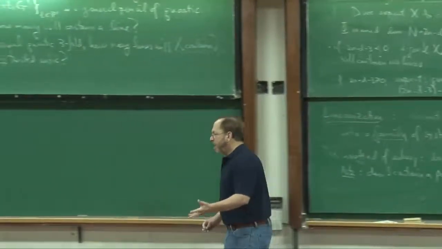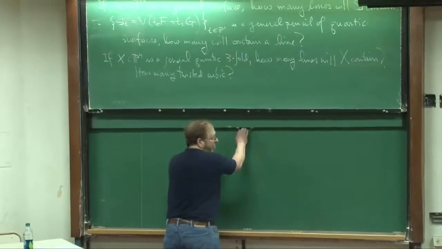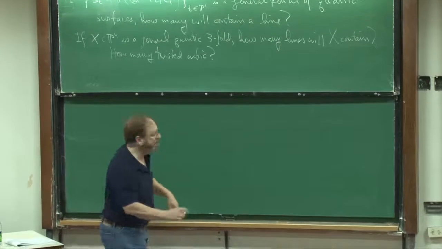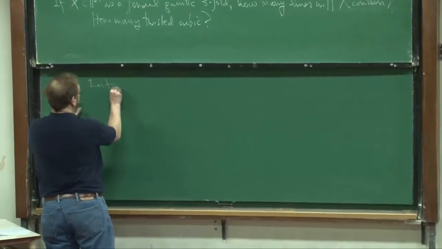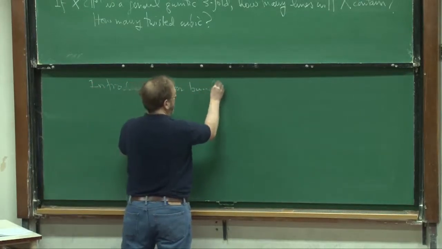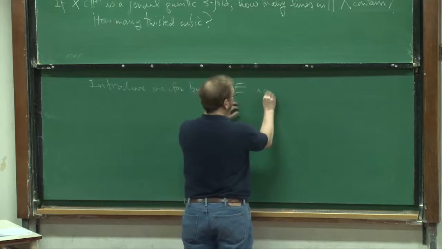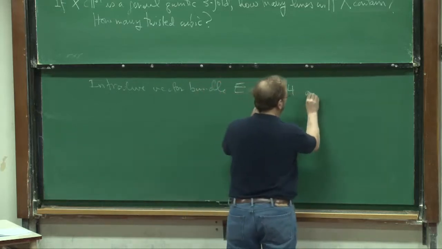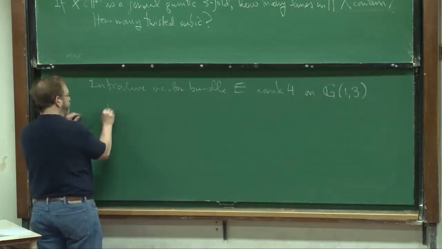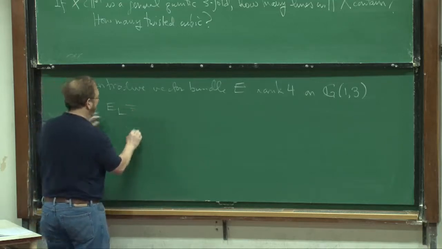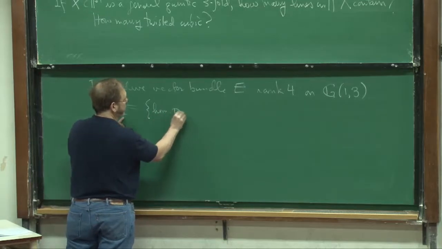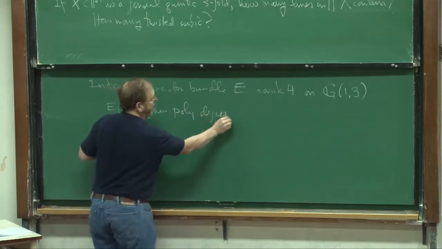So that suggests that we introduce a vector bundle over the Grassmannian, whose fiber at each point is that vector space. So we introduce, I'm just going to call it E, a vector bundle. E will be of rank 4, on the Grassmannian of lines in P3, and it's going to be characterized, roughly speaking, by saying that the fiber of E at a point L is just the space of homogeneous polynomials of degree d.